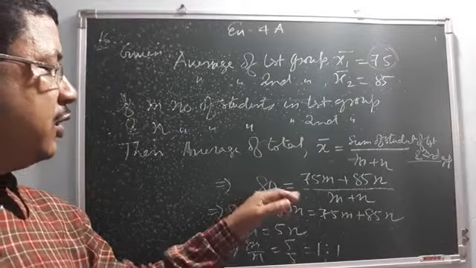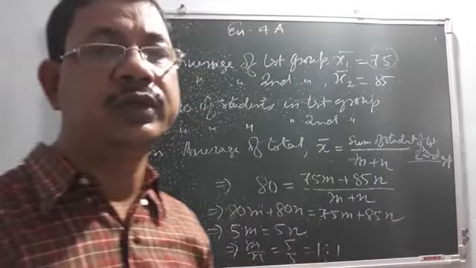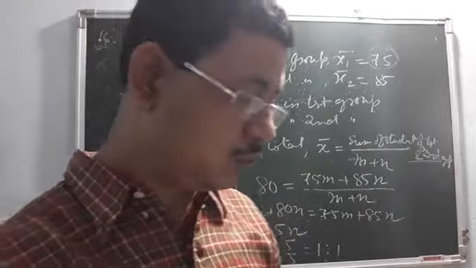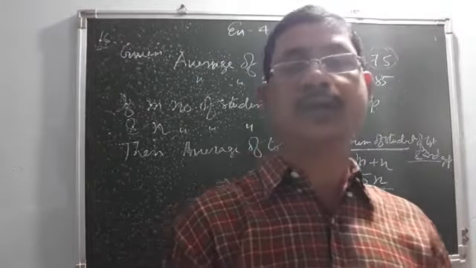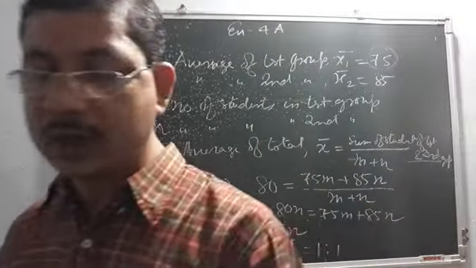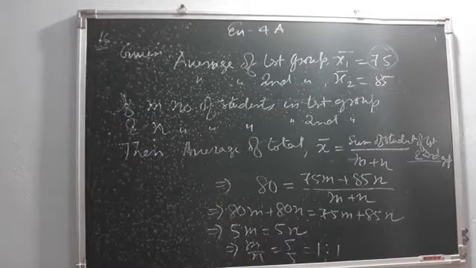This is given as 80. After cross multiplication we get 1:1. So this way we can do it. I expect that 15 is your homework, and you will try to do it.